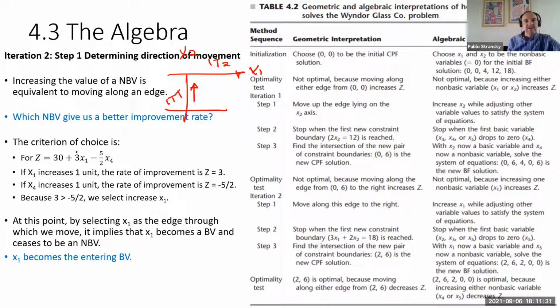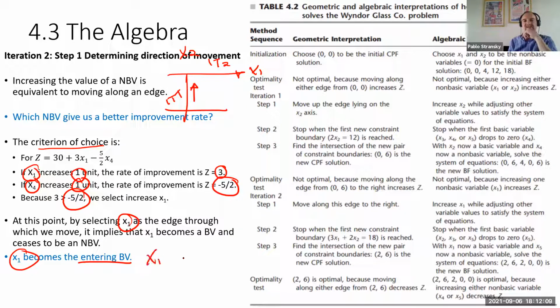The criterion of the choice is, for the objective formula that we have, if x1 increases 1 unit, the rate of improvement will be 3. If x4 increases 1 unit, the rate of improvement is negative. So 3 is greater than minus 5 halves, and at this point we select x1 as the edge through which we're going to be moving. So x1 now becomes the entering basic variable.